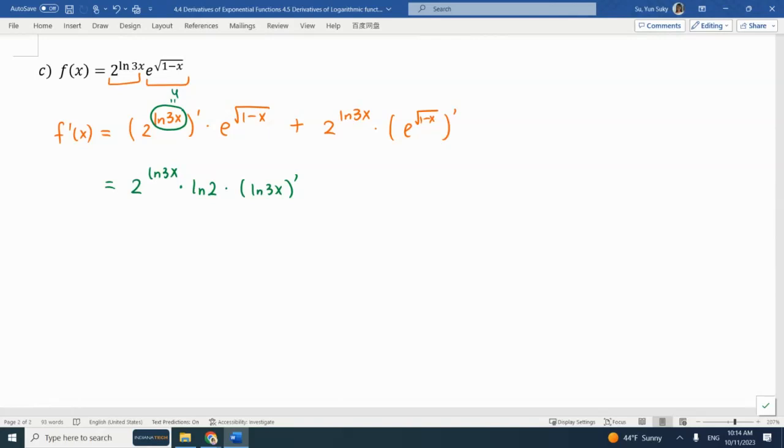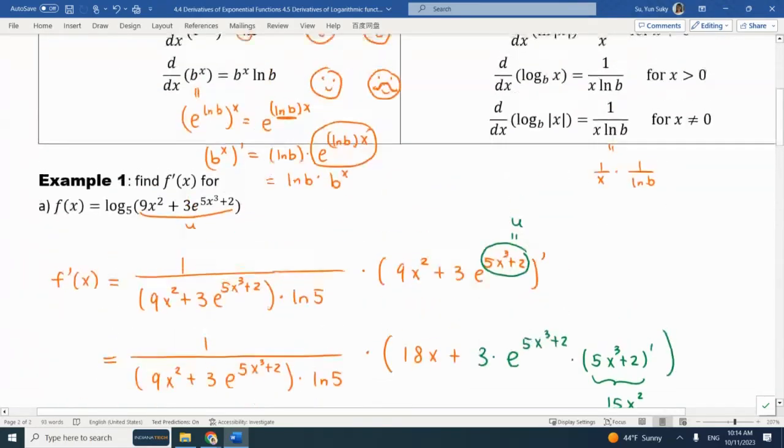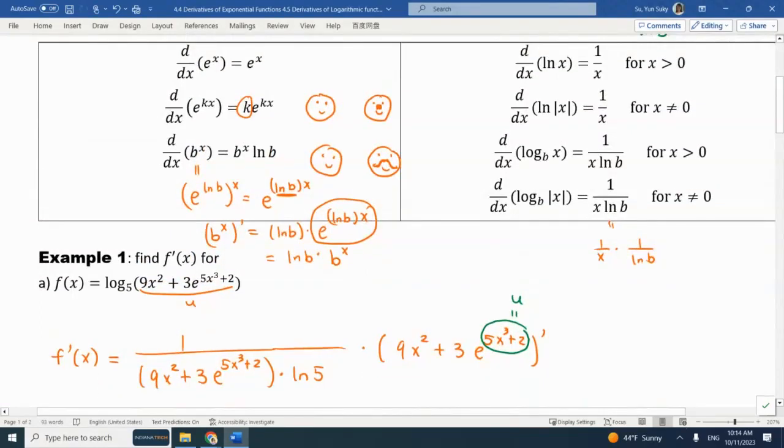Is that okay, everybody? 2 to the u times ln 2 times u prime. Remember, this ln 2 is the mustache.